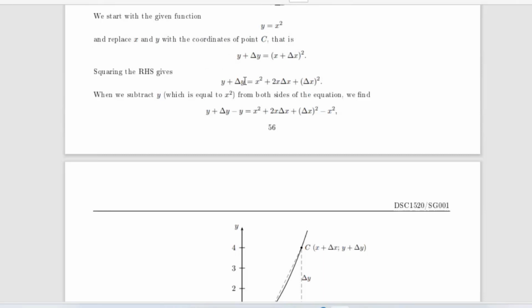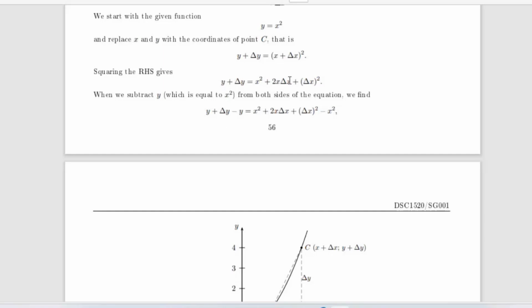From what they have here, from the beginning, we know that we have got y equals x squared. Are we in agreement? Now, when it comes here, in the place of y, where they see y, they are putting x squared.